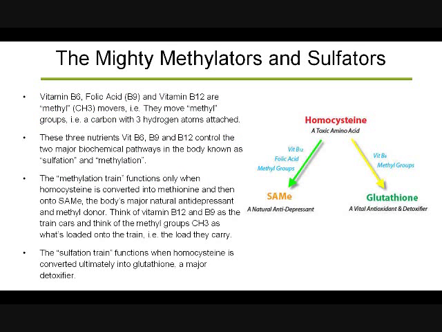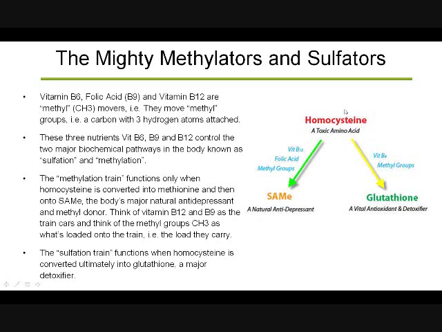Briefly, I want to review this again. The B vitamins, we talk about this homocysteine reaction and why they're so important. Homocysteine here, this portion that takes homocysteine into SAMe is called methylation.